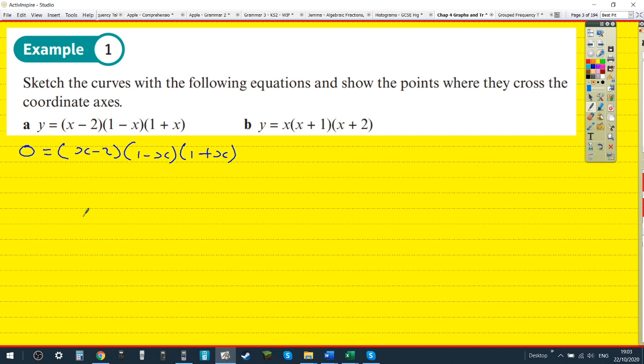Would you put the x's on both sides, the x on the left? Kind of. x minus 2 equals 0, or 1 minus x equals 0.